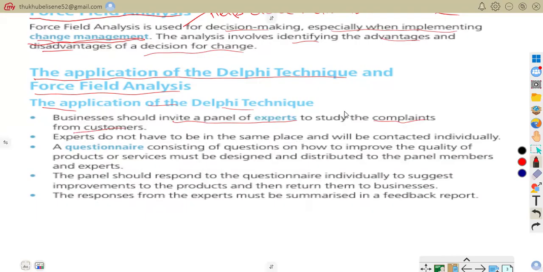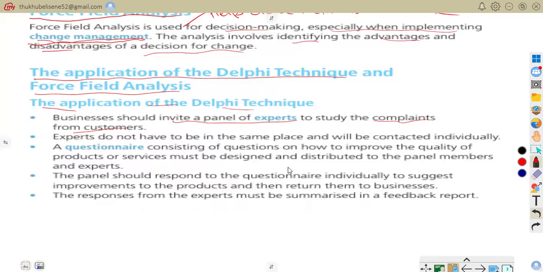You go for the experts, people with previous experience. Because this is applicable where you as a business owner don't have experience, that is where you have to go for the experts.